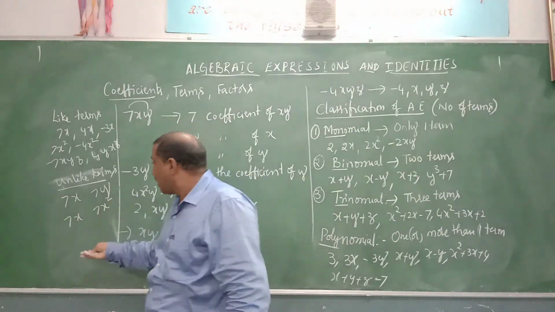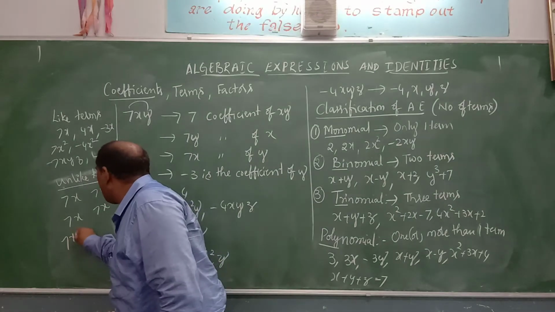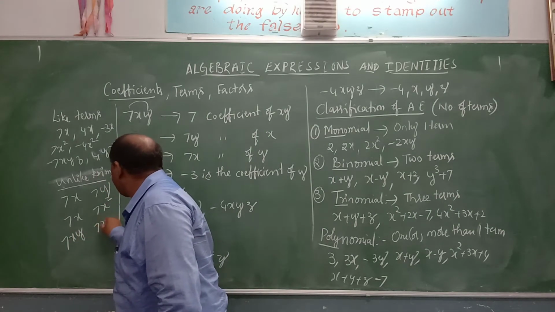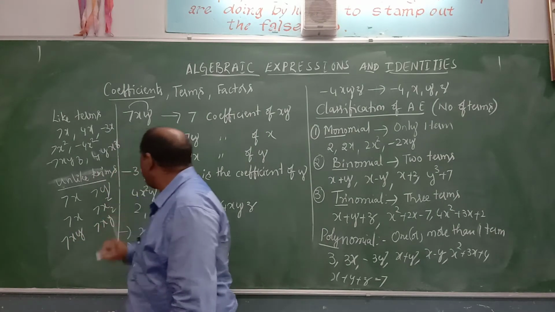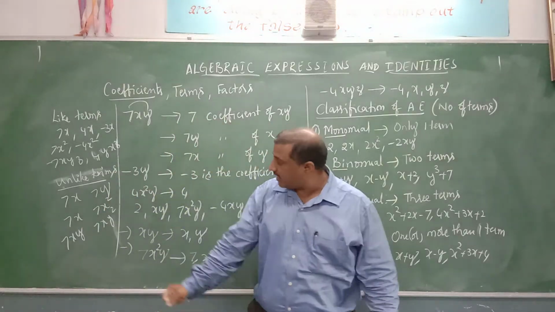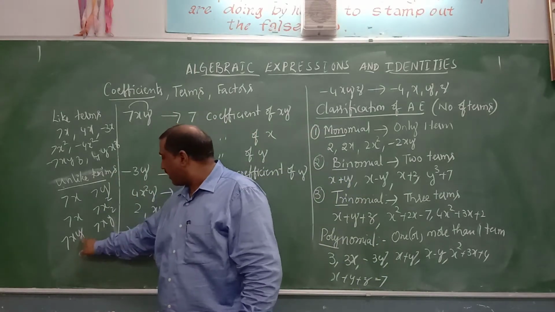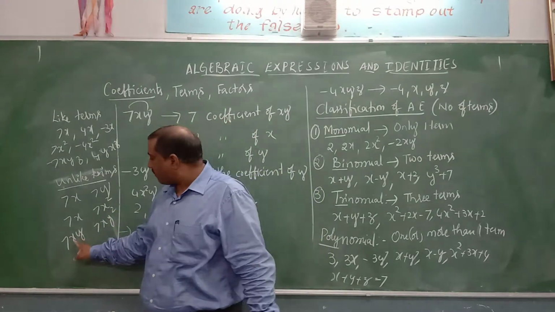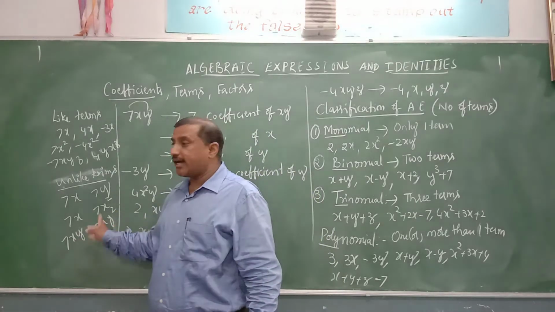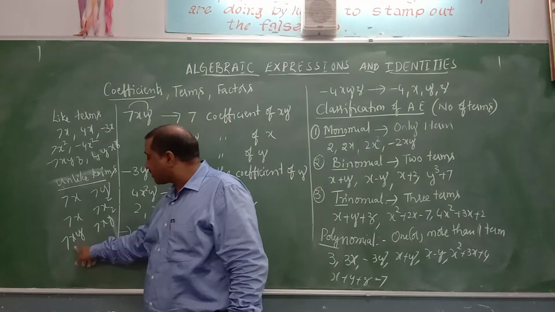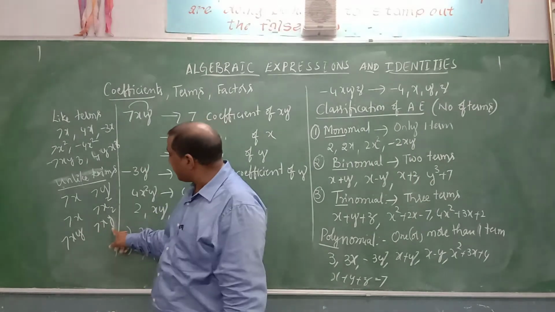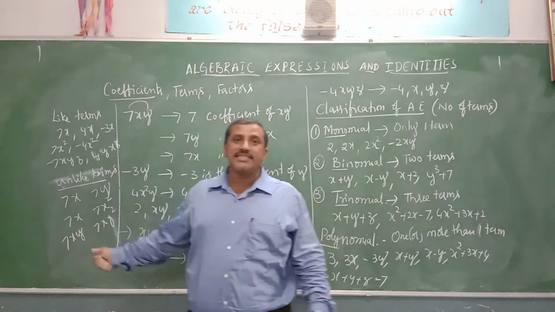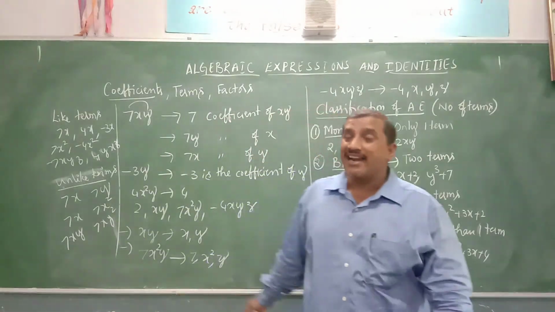Now 7xy and 7xy square. Though the variables x and y are the same, and the power of x is the same, that is 1, the power of y in the first term is 1, whereas in the second term it is 2. So these kinds of terms are known as unlike terms.